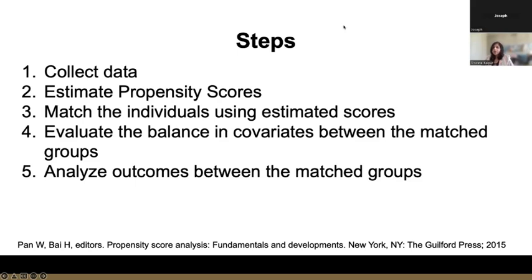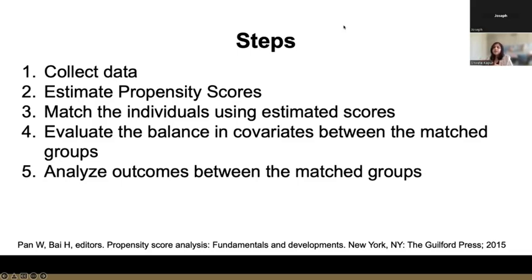So we were talking about matching the individuals using estimated scores. And after we have matched the individuals and we have our matched cohort or the matched sample, before we proceed to analyzing it for the outcomes, we would evaluate the balance in the two groups to make sure that the two groups are very similar in the covariates that we want them to be balanced in.